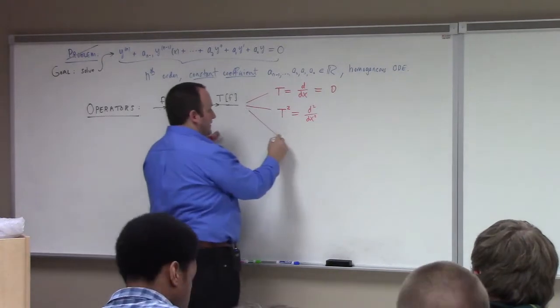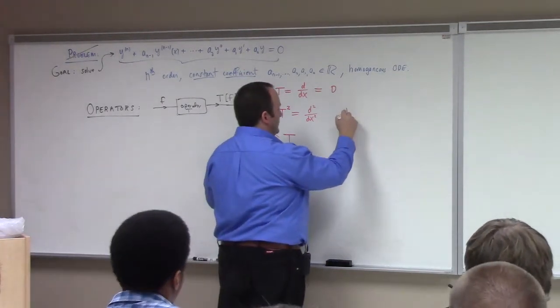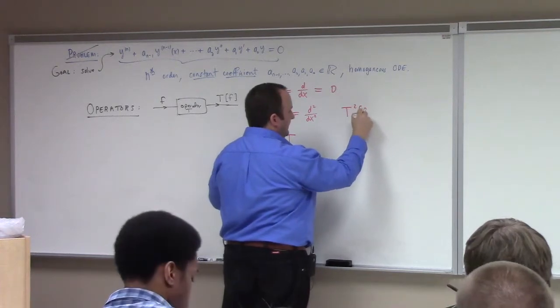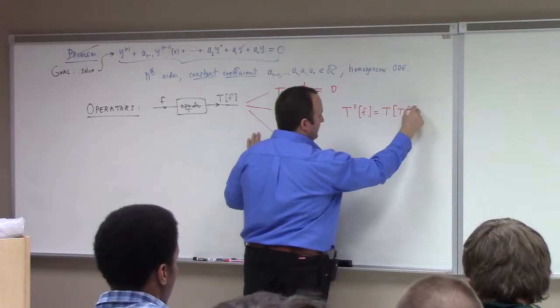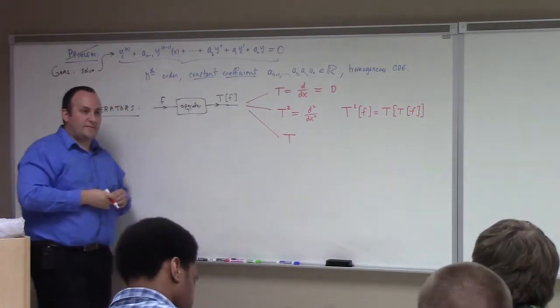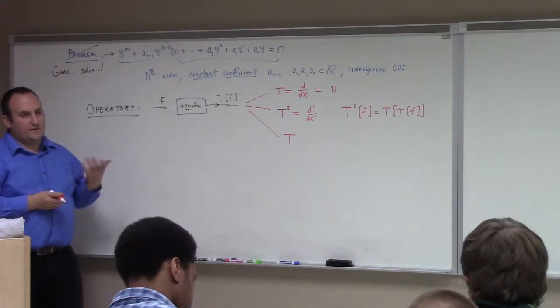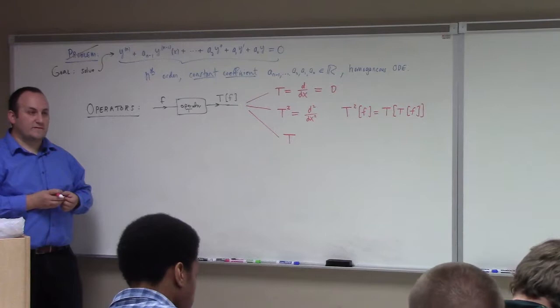How do you define an operator? What this means is T squared acting on f is defined to be T of T of f. This is how an operator works. When we square an operator, that means to operate two times. So powers of operators mean successive composition of the operator with itself.